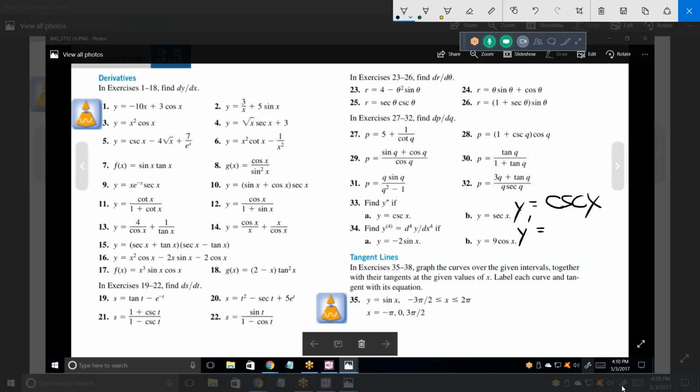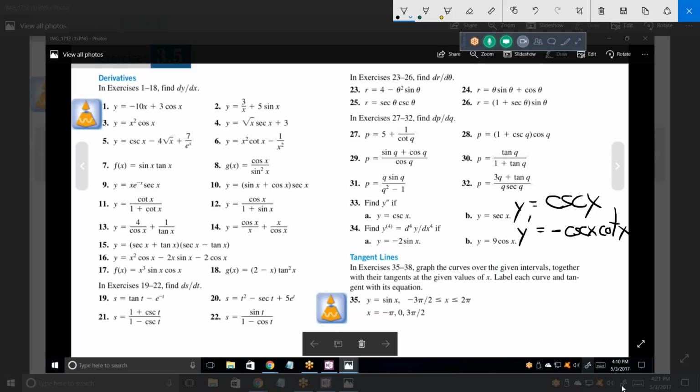Cosecant x times cotangent x. Very good, but it's got to be negative. Negative cosecant x, cotangent x. Because you remember that the derivative of secant was secant tangent, so these two are the cofunctions of secant tangent.